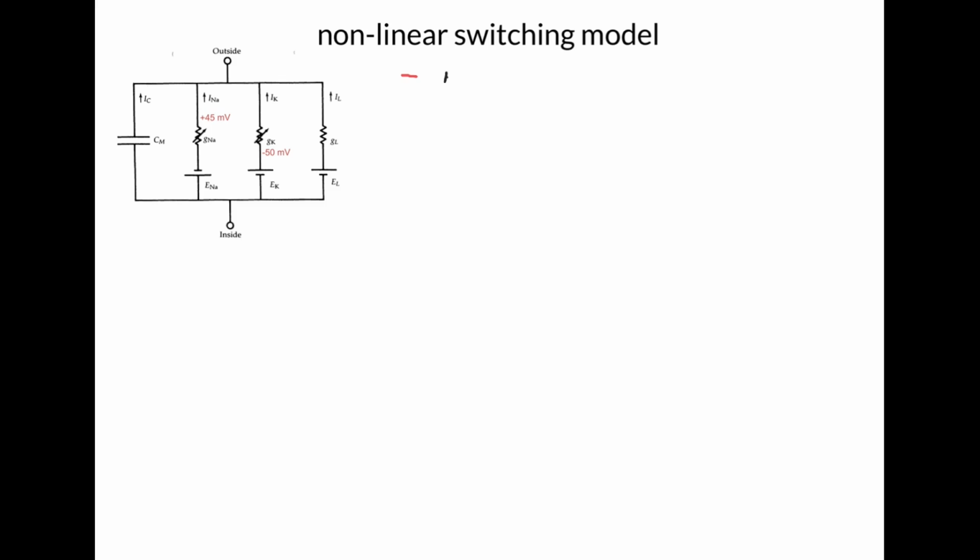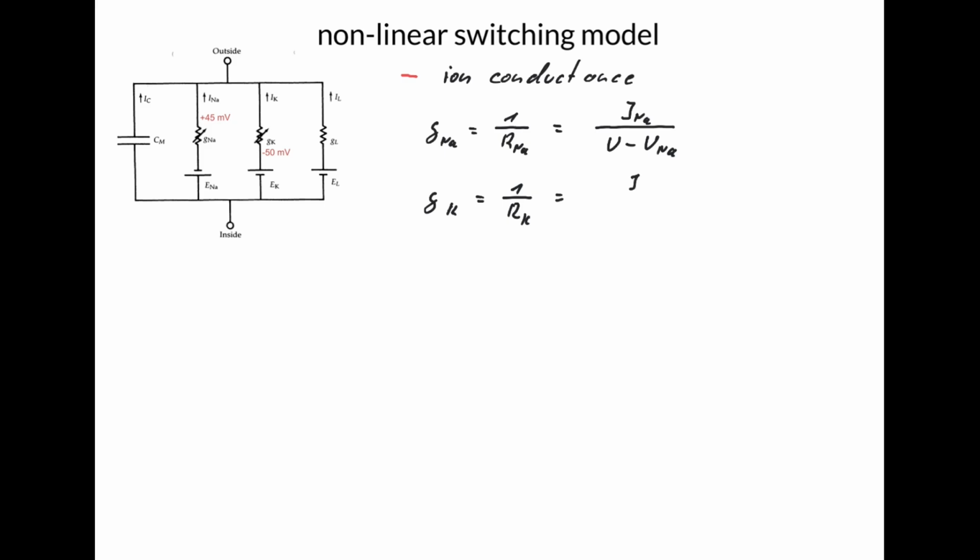Now the sodium conductance is equal to 1 divided by the sodium resistance, and that is given by the current of the sodium ions divided by the membrane voltage U minus the Nernst potential of the sodium, U_Na. Likewise for the potassium ions, so G_K is equal to the current of the potassium ions divided by the membrane voltage U minus the Nernst potential of the potassium ions.